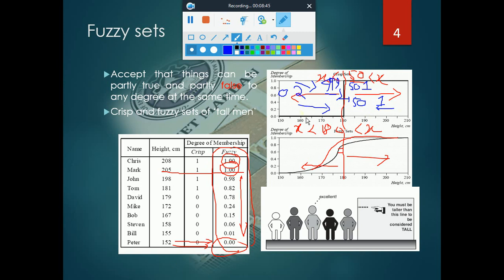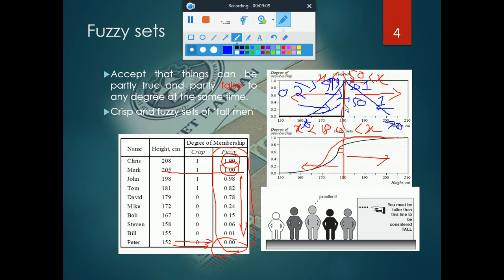So what fuzzy logic does is it divides it into regions. For example, let's suppose we say 30 miles per hour here, and 70 miles per hour here.